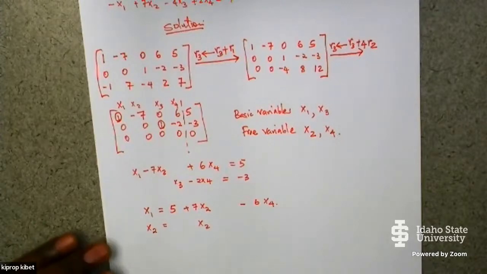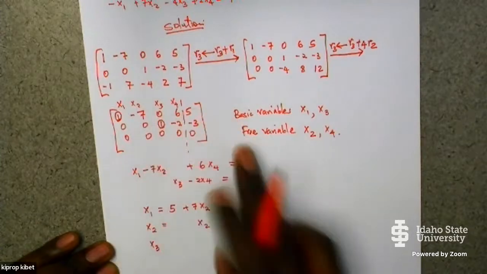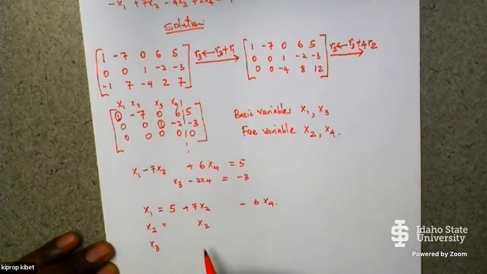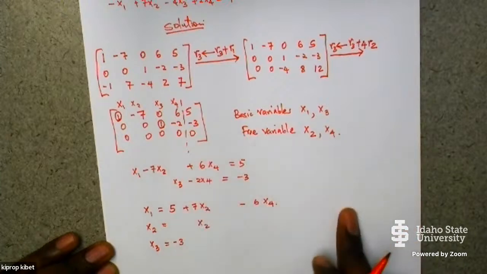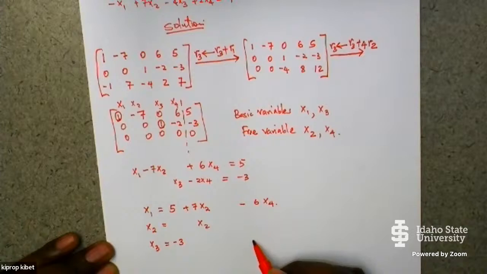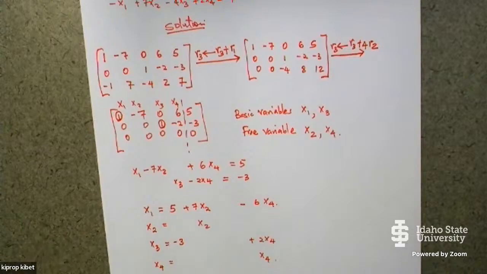And then for x3, we take the other values to the other side. So x3 will be equal to -3, and then we take this one to the other side, so it will be plus 2x4. And then x4 is our free variable, which is x4.